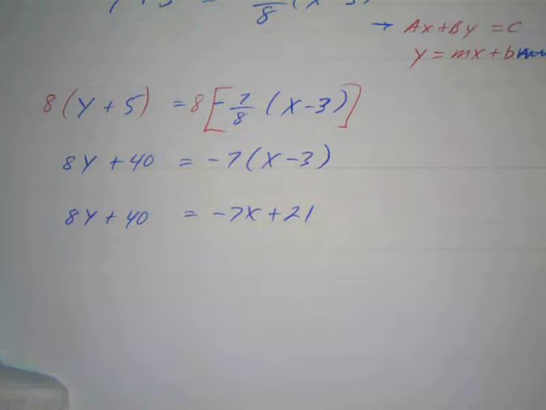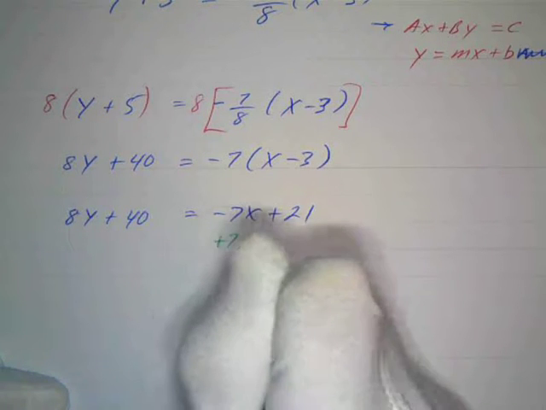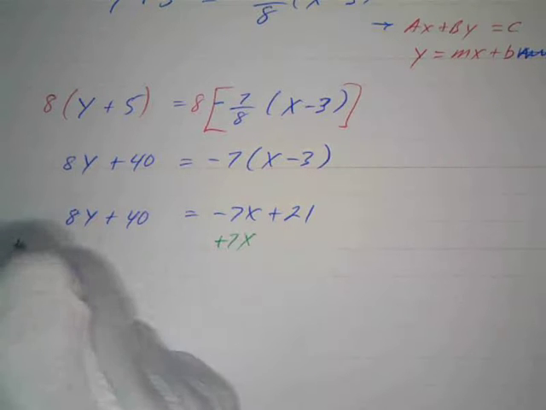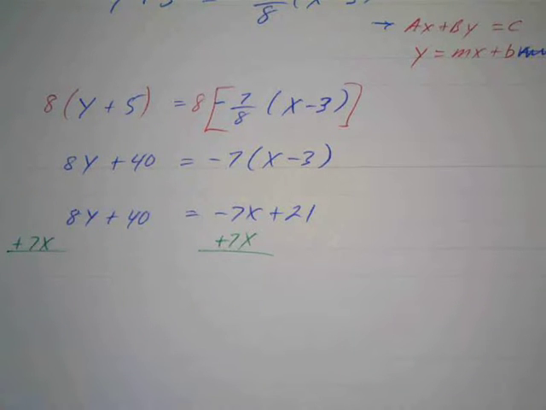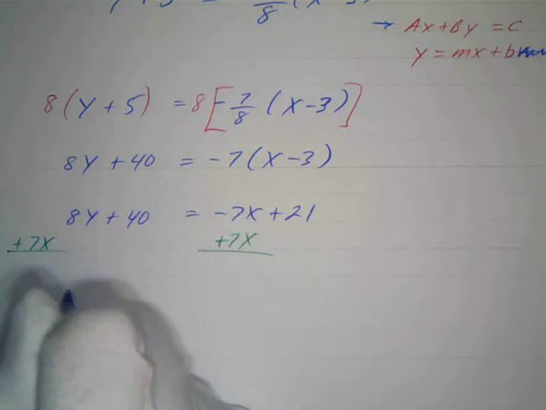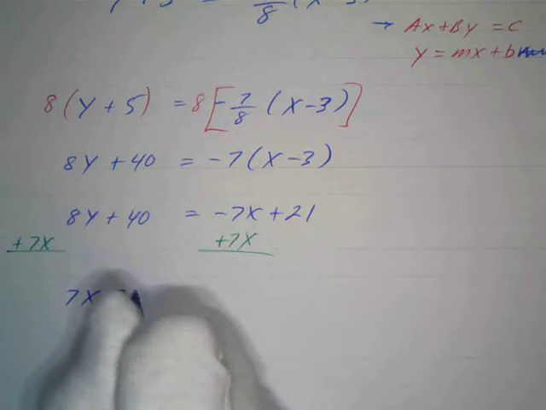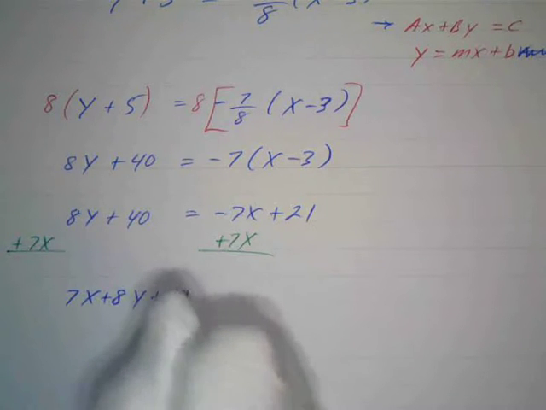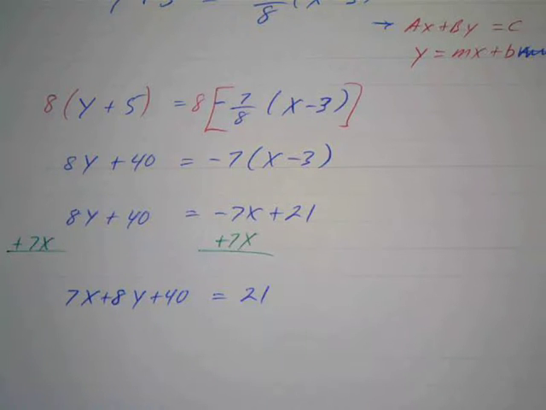Then I try to get all my x's on the same side, so I can add 7x to both sides. And on the left, I've got 7x plus 8y plus 40 equals 21. Then I'll just subtract 40 from both sides.